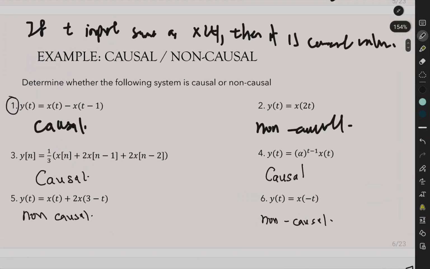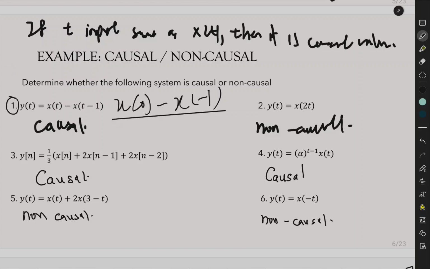So we substitute 0 first: x(0) minus x(-1). If we substitute t as 0, we can see that this is actually a non-causal system.